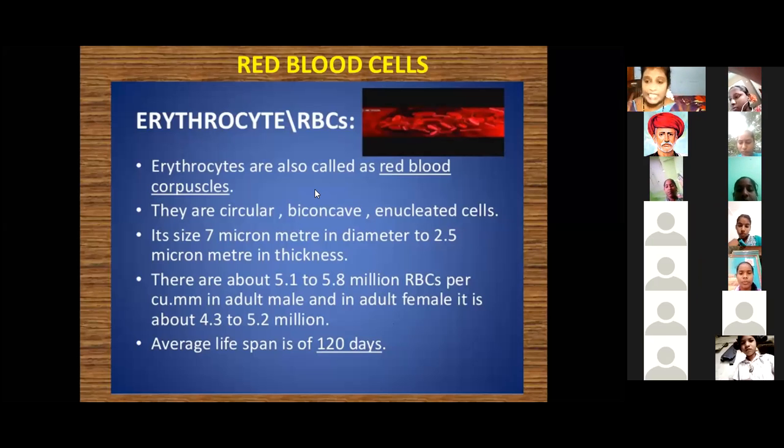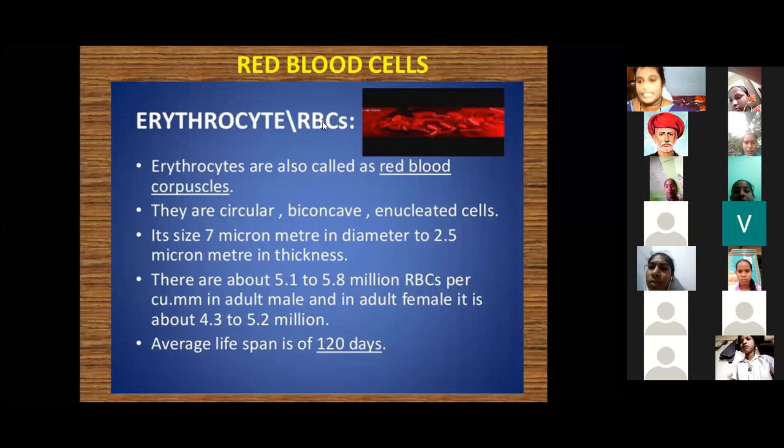What is the shape of erythrocytes? They are circular, biconcave, enucleated cells.